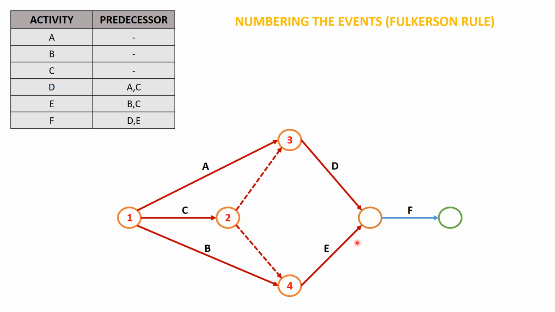I'll be numbering it as event number 5. So from event 5 we have one last activity. So once it has been traced, this would be numbered. So this would be the final AOA network diagram, and also it has an application for the logical purpose of using a dummy activity. Hope the video was helpful.